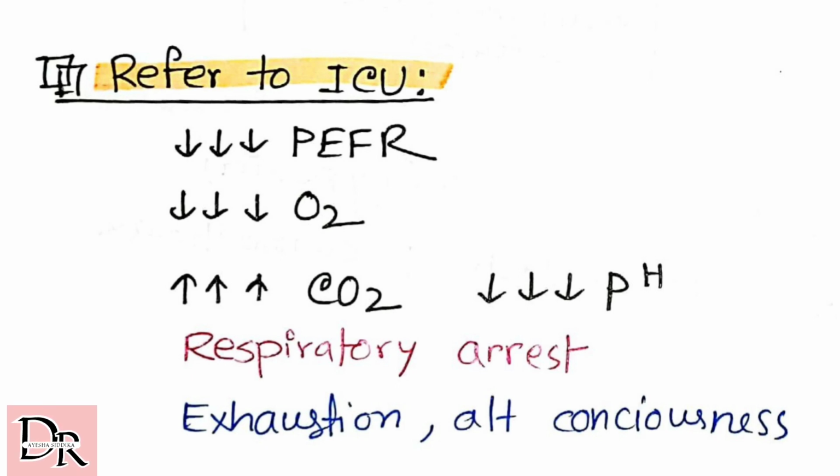If there is a declining level of PEFR, declining oxygen despite all this effort, oxygen saturation falling, peak expiratory rate falling, and rising carbon dioxide and falling pH, that means respiratory acidosis. And there may be respiratory arrest, exhaustion, and altered level of consciousness. Then we need to refer the patient to ICU.